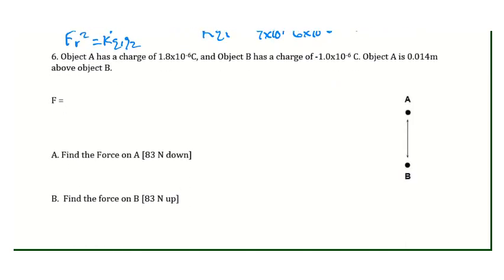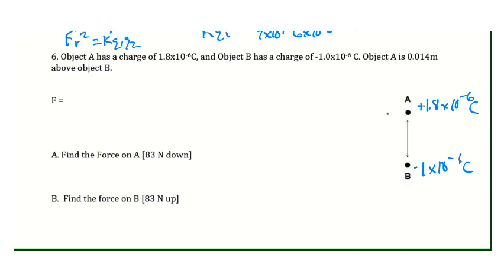Okay. Object A has a charge of 1.8 microcoulombs, so I'm going to write that. And object B has a charge of 1 times 10 to the negative 6 coulombs, and this is negative.